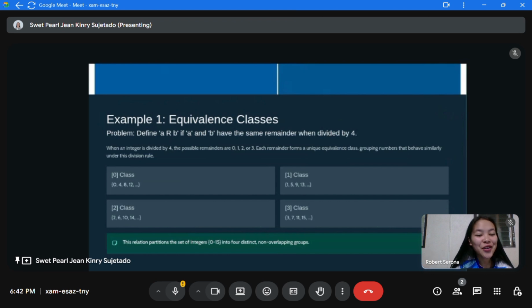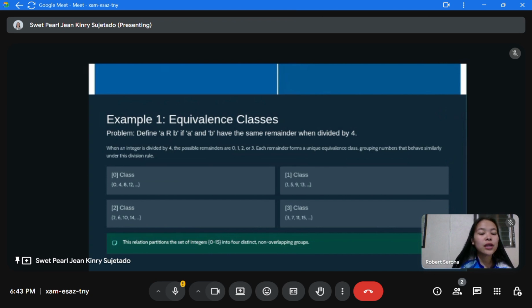our first real example of an equivalence relation. The problem is, define A relates to B if A and B have the same remainder when divided by 4. So if I divide numbers by 4, the only possible remainders are 0, 1, 2, and 3.